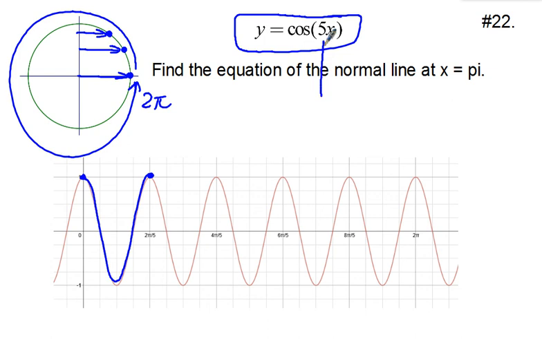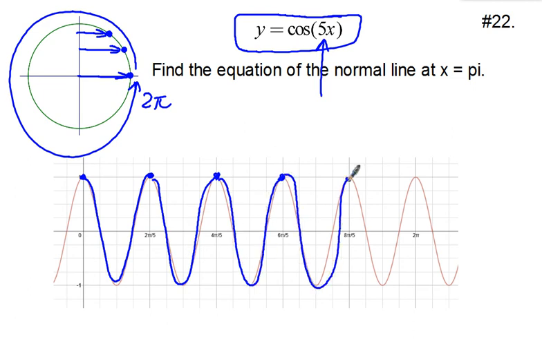But in this particular case, somebody is pressing their foot on the accelerator and causing the inputs to accelerate 5 times as fast as normal. And so what happens is we get 5 complete periods: 1, 2, 3, 4, 5 complete periods, as the inputs cycle from 0 to 2 pi.